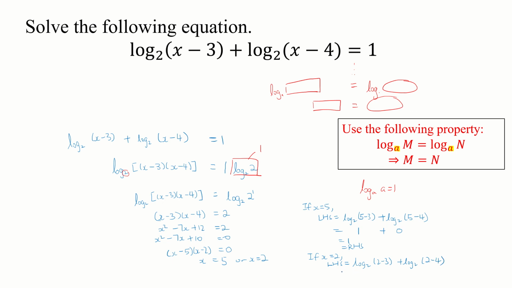So we will say that since log base 2 of negative 1 is undefined, x equals 2 is not a solution. So our answer would be, therefore, x equals 5, just one solution.